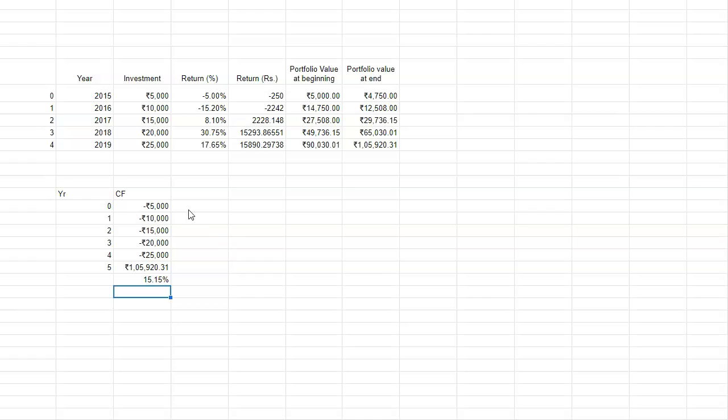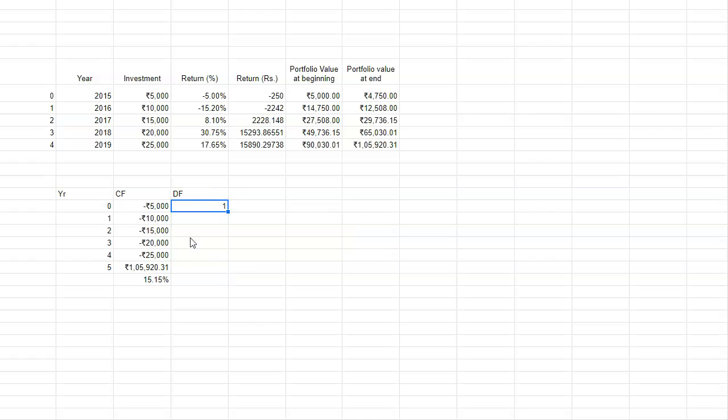Now, just to make sure I'm correct, I'm going to go ahead and calculate the discount factors. So discount factor we know is equal to 1 divided by, open bracket, 1 plus r raised to the power n. Obviously to the power 0 is 1, and we can drag this number all the way down.